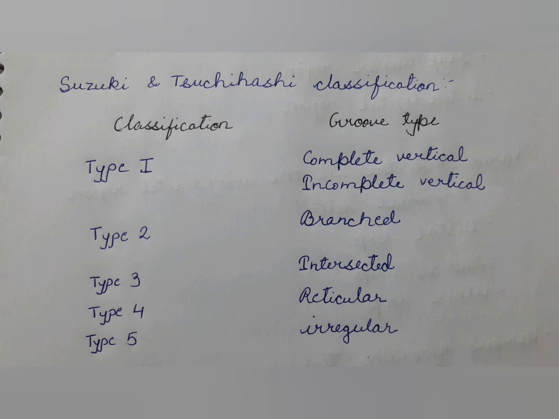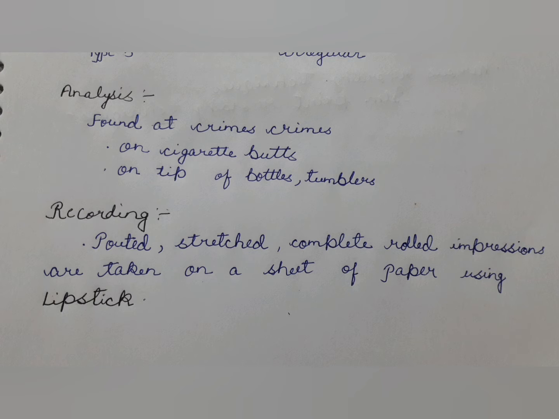There is a pattern for recording lip prints. If you want to record the lip print of a suspect, you can take paper and apply lipstick on the suspect's lip, and then record the lip print in three ways: pouted, stressed, and rolled.